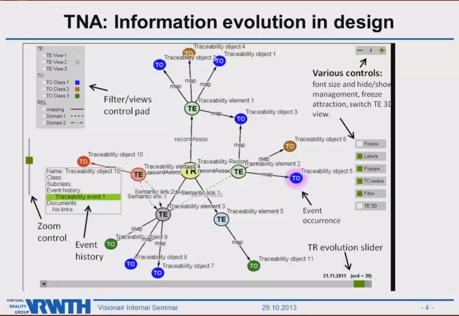And you see the graph-like structure, and basically each bubble is what they called an information item. And they generated these graphs for various fields of application.